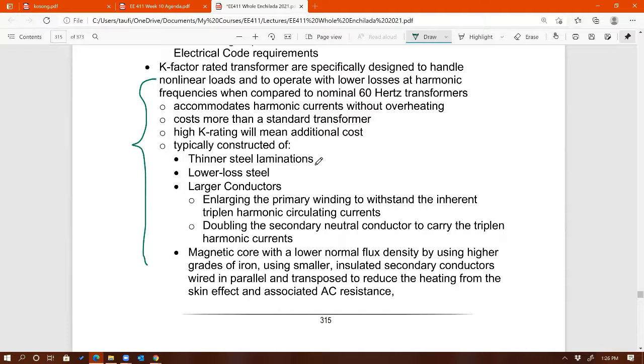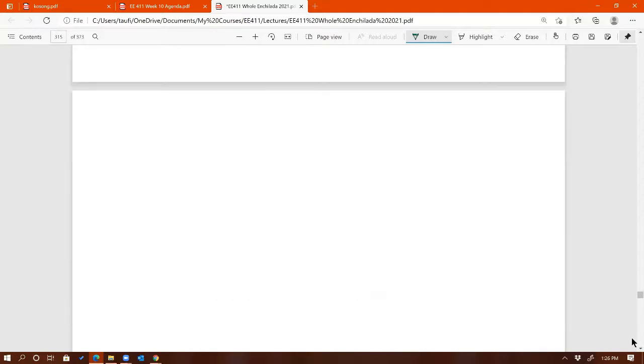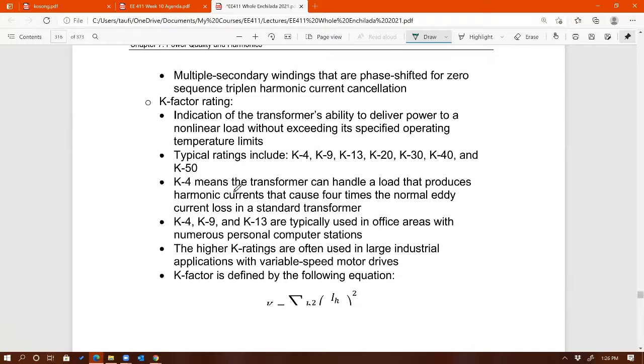How so? All of these right there, right? Thinner steel laminations, lower loss steel, larger conductors. Thinner lamination means limiting eddy current loss more, right? Special materials for the core. They can handle higher harmonics. That's why they're expensive. Okay? But the K rating is an indication of the transformer's ability to deliver power to a nonlinear load without exceeding its specified operating temperature limits.